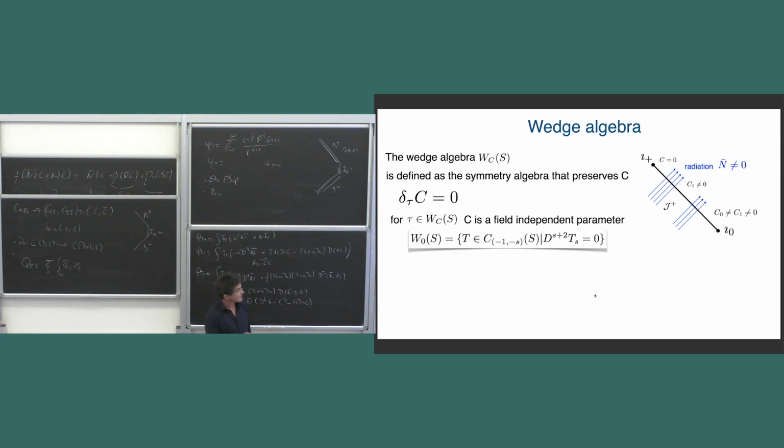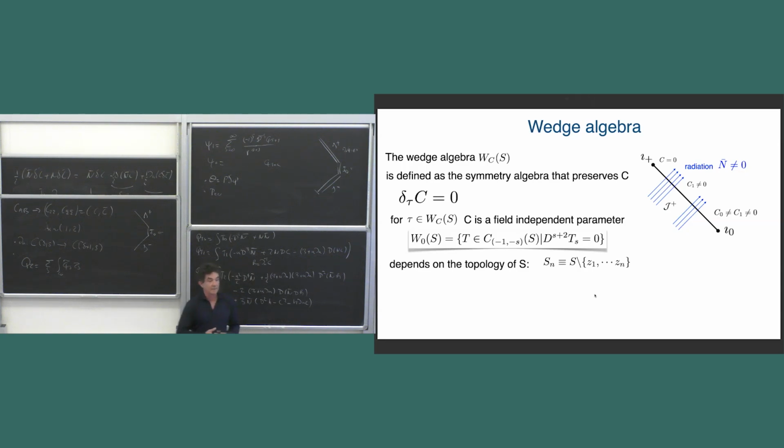So suppose that you're at I+. At I+, your symmetry algebra is W0S, and it's the space of Ts of weight -1 minus S, which are such that ds plus 2 of Ts is equal to 0. That's the wedge algebra. So what is this algebra?